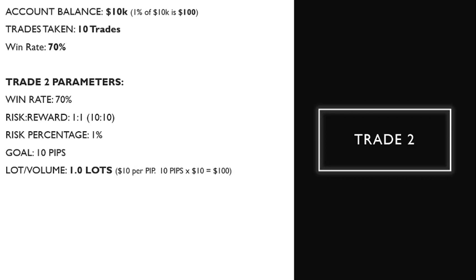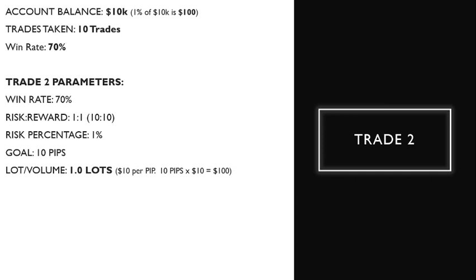Win rate is 70%. Risk reward of 1-to-1. Risk percentage 1%. Our goal is what? 10 pips. What's 1% of our $10,000 account? $100. So at 10 pips, what lot size would equal $100 at 10 pips? 1.0. A 1.0 lot size. That's $10 per pip, 10 times, that's $100. You guys follow me? Okay.